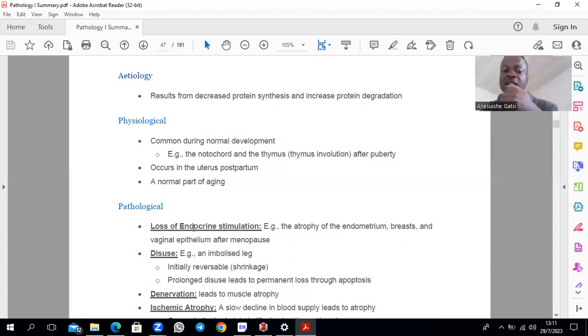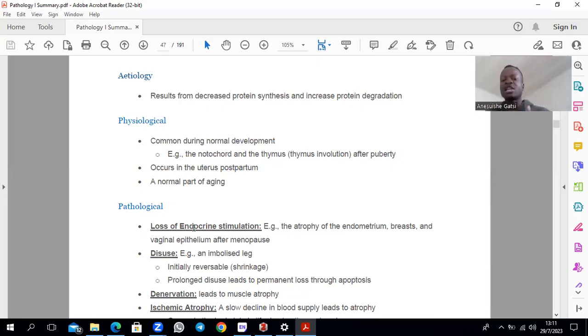Or you can have disuse atrophy. You're thinking about someone with peripheral nerve disease, not peripheral, like upper motor neuron lesion. You can have disuse atrophy, or you can have denervation atrophy for lower motor neuron lesion or peripheral nerve disease. All these things, not using the muscle, will lead to a pathological atrophy.